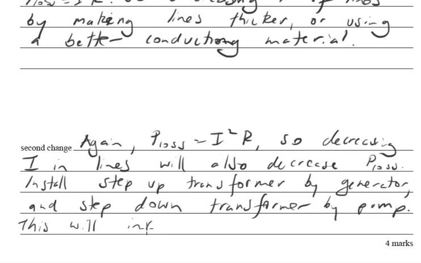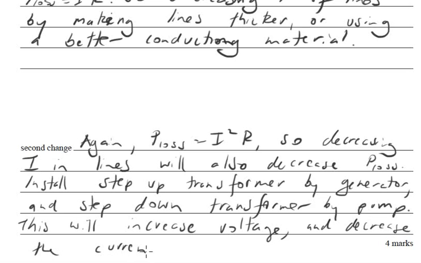This will increase the voltage in the lines and decrease the current. And we've already set up at the top that decreasing the I in the lines will decrease the power loss. So we've got our argument there. Decrease the current in the lines. Done.